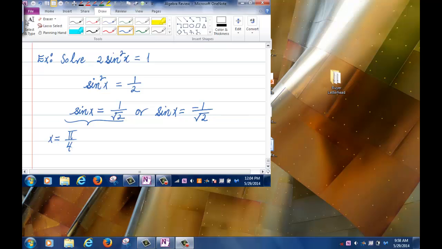Look at the circle that I gave you, the circle handout. When x is pi over 4, sine x is root 2 over 2. Also when x is 3 pi over 4, in the second quadrant. And that's it. Between 0 and 2 pi, these are the only two angles for which sine x is root 2 over 2.